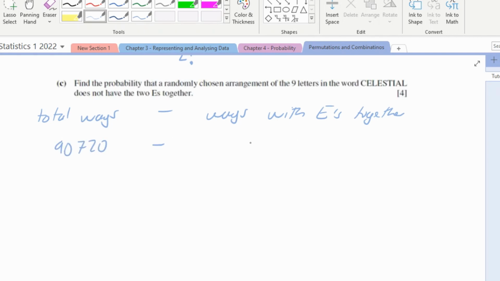Now, what about the ways with the E's together? So you could think of this like EE and then C, L, S, T, I, A, L. That's 1. And so altogether it's 8 factorial, is it? Divided by 2 factorial. Okay, now this gives us the ways with the E's not together, which is 70,560.